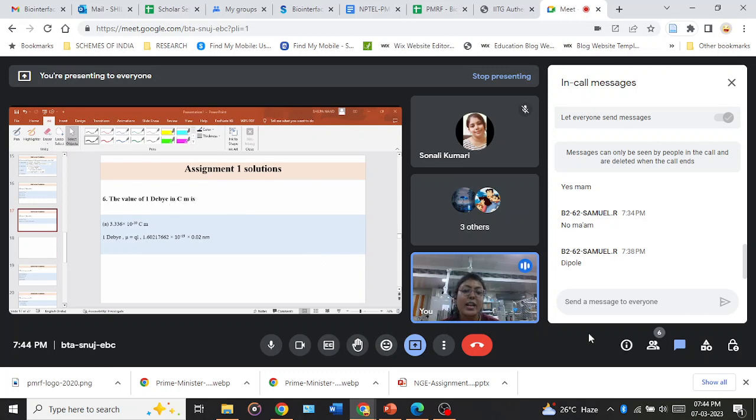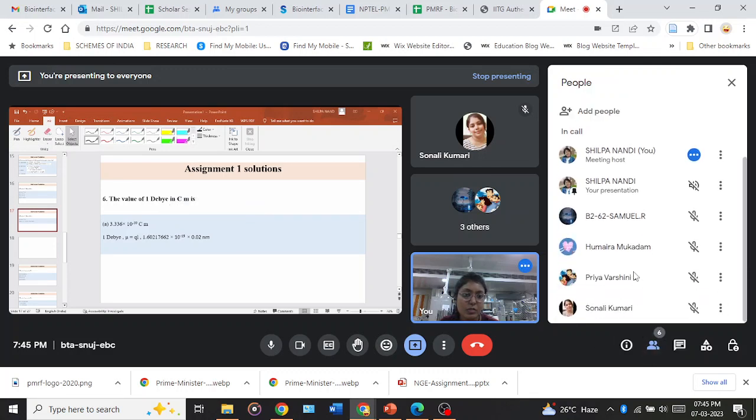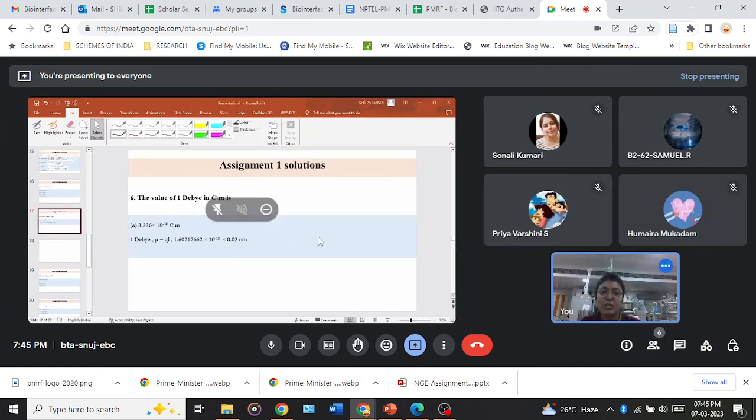Is it clear, or shall I calculate it in a blank sheet? Any answer, then I'll move forward. If you're not able to understand this question yet, please let me know.